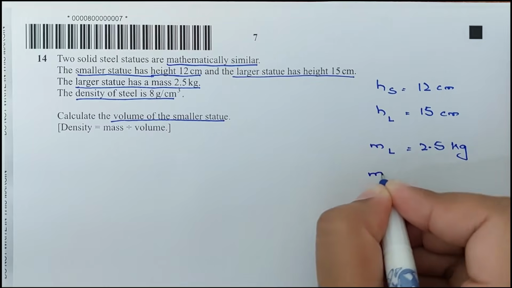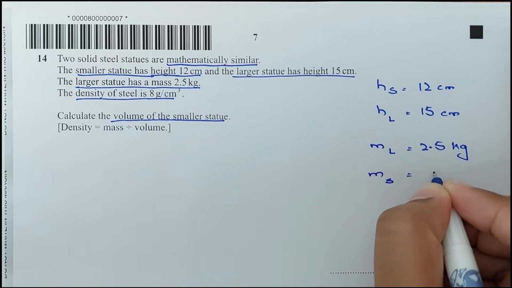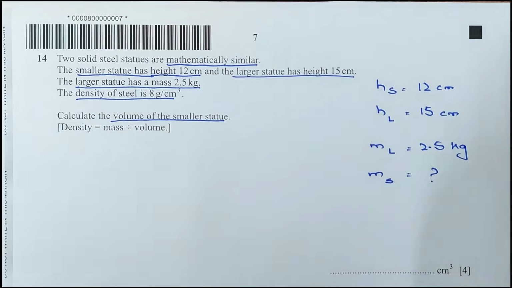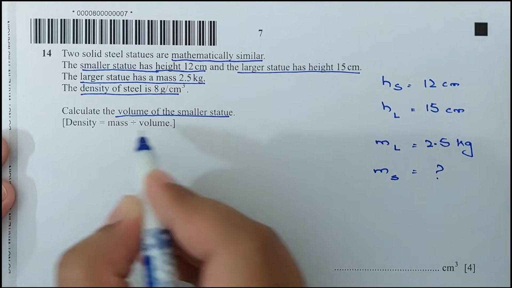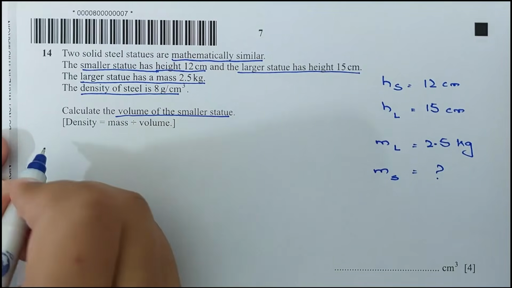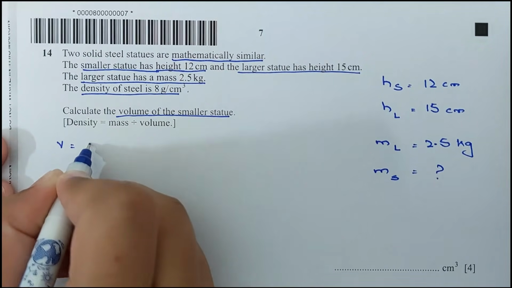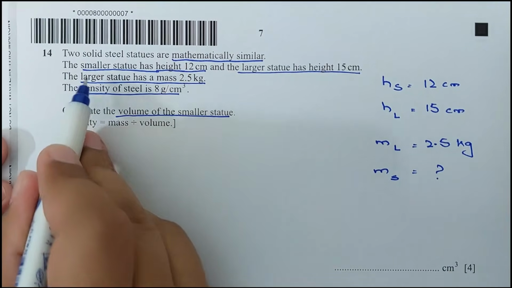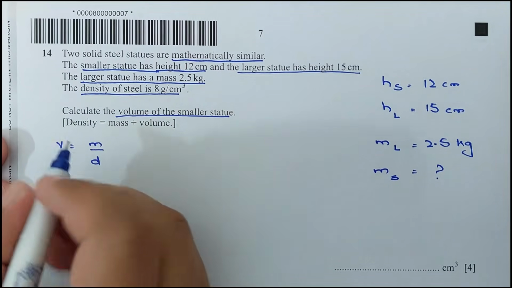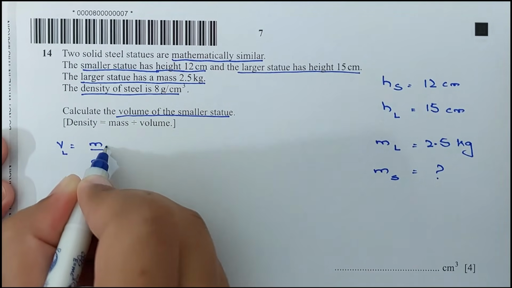We don't know the mass of the smaller one. Density is mass over volume, so we have to deal with the volume. Volume is mass over density. We know the mass of the larger one and we know the density, so we can easily get the volume of the larger one.